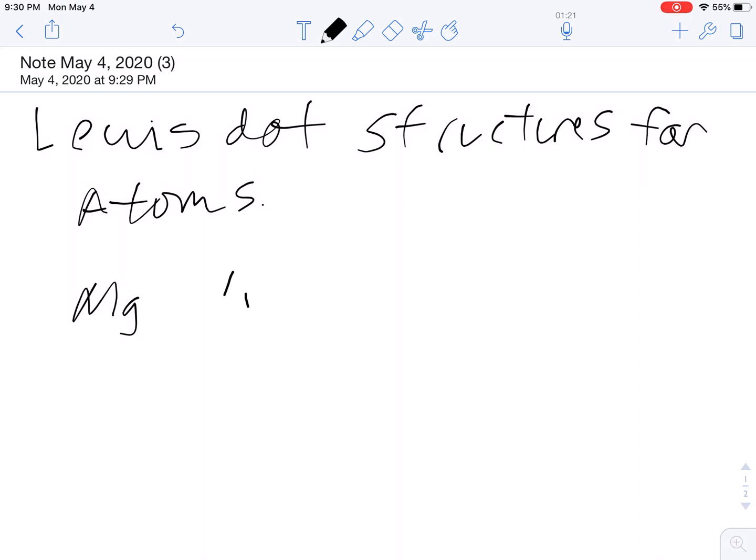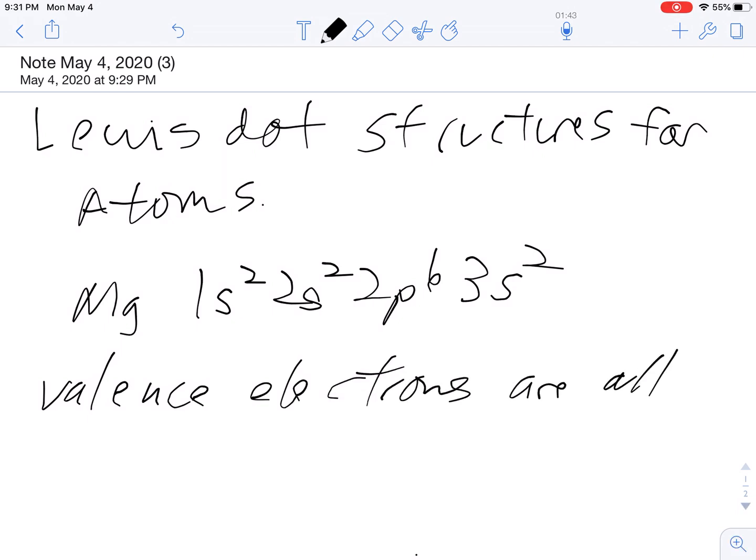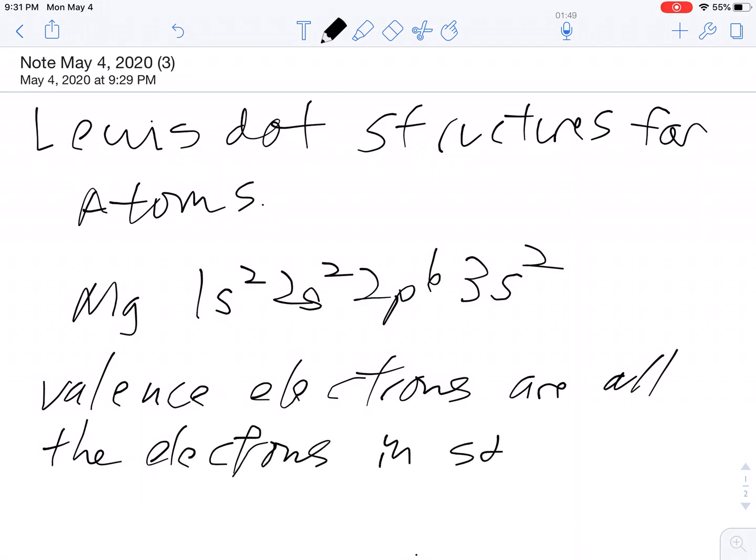configuration would be 1s2, 2s2, 2p6, 3s2. Now the valence electrons are all the electrons in the S and P in the outermost level.